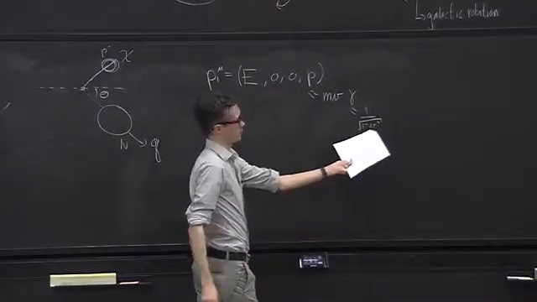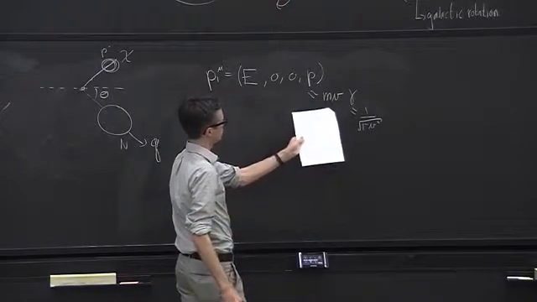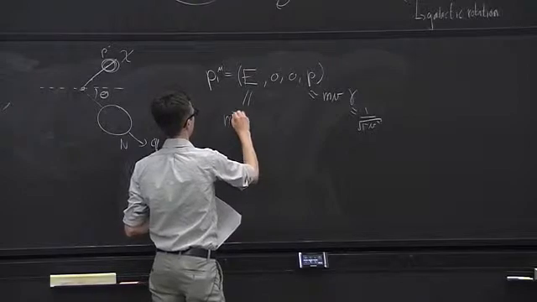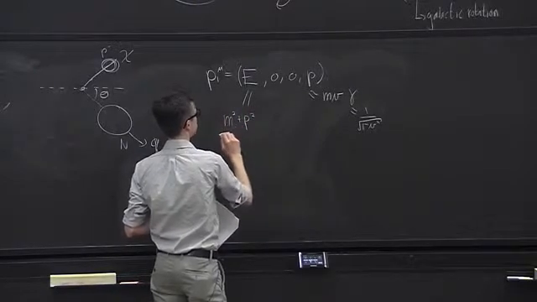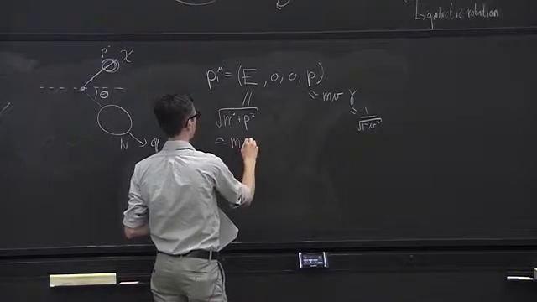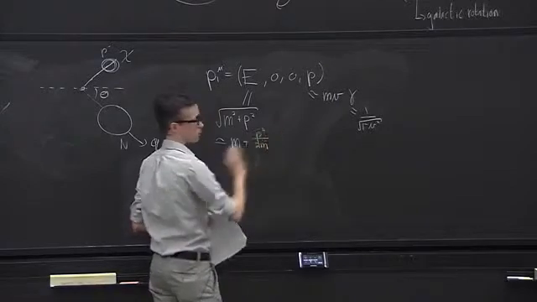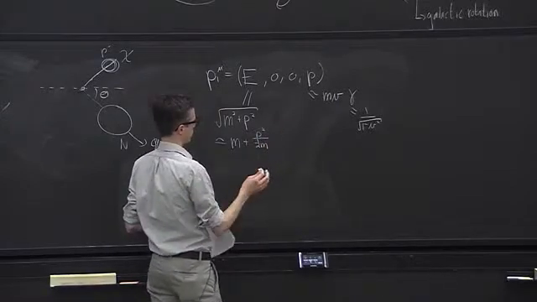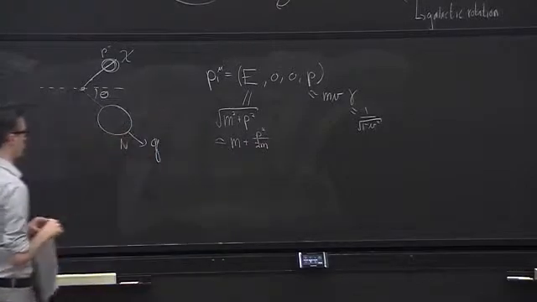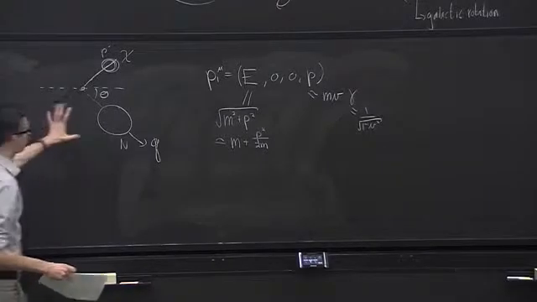But remember, our v is like 10 to the minus 3, so gamma is basically 1. So that means that our p is basically just mv. And we also have that our energy is the square root of m squared plus p squared, which, if I expand it out, just gives me m plus p squared over 2m plus higher order stuff. But I don't care about the higher order stuff because p is already very small compared to m, because, again, my v is very small. So we can just do a non-relativistic treatment of this scattering.